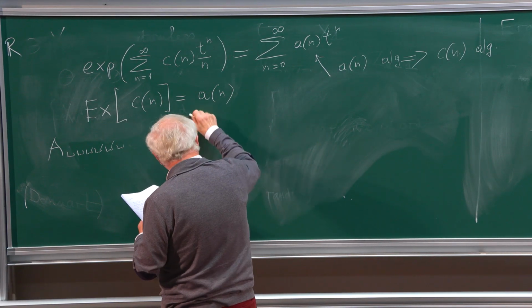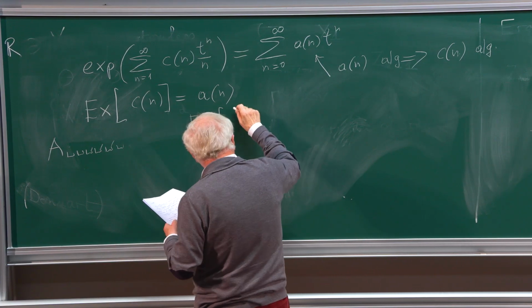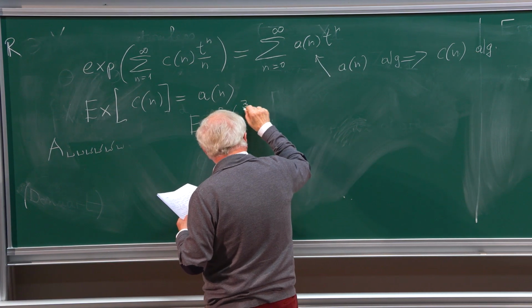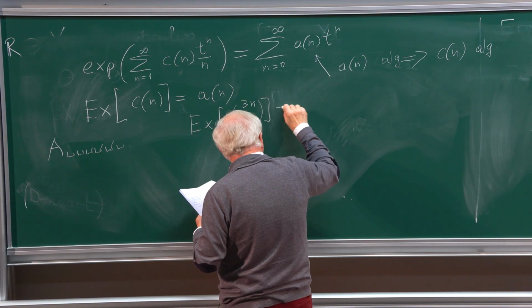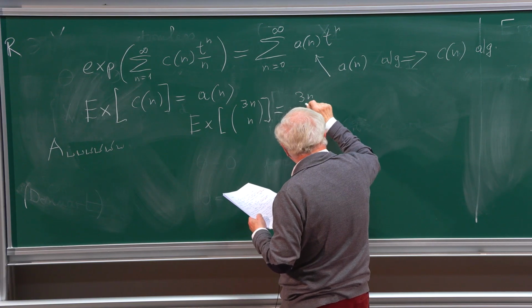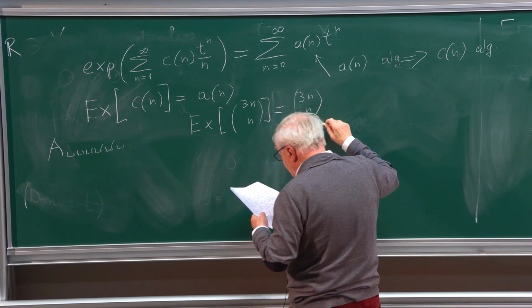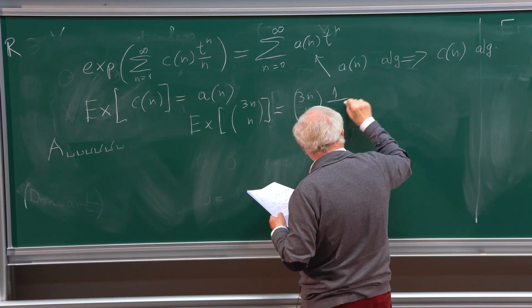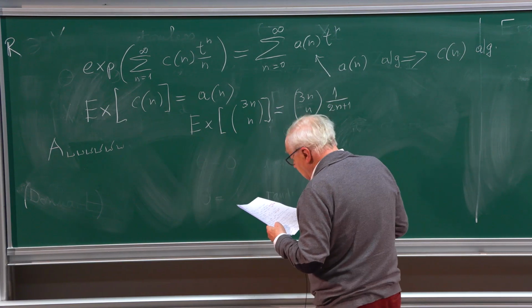So X of binomial 3n over n gives binomial 3n over n divided by 2n plus 1.